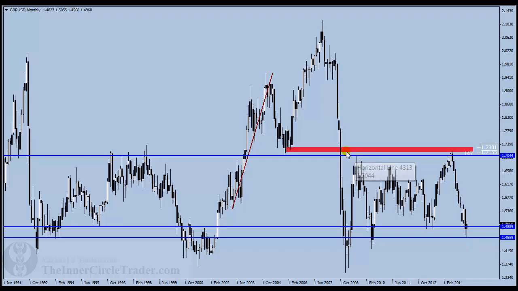No, because all we have here is a big range. We have this really big range in here. Okay, so you got to cut through that range and find out what the previous institutional structure was right here. Boom. You got to go through candles to find out where price is most likely heading.